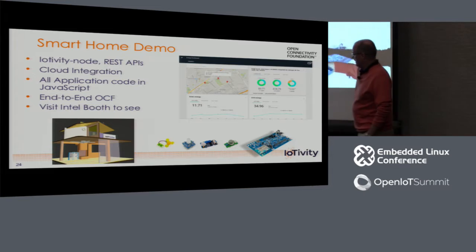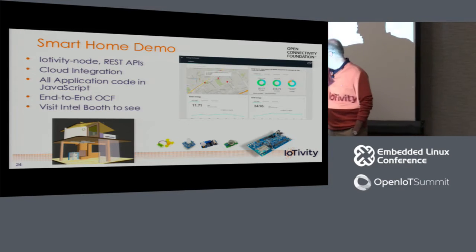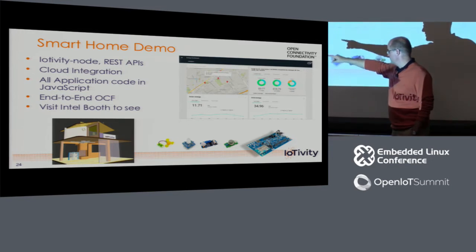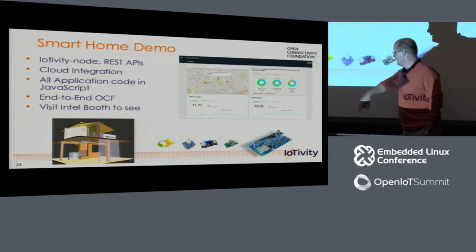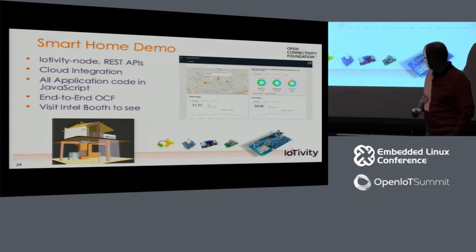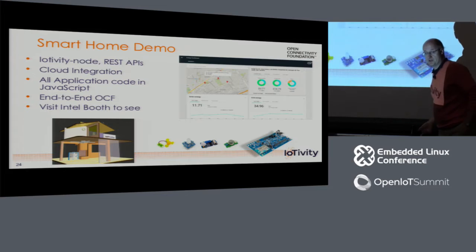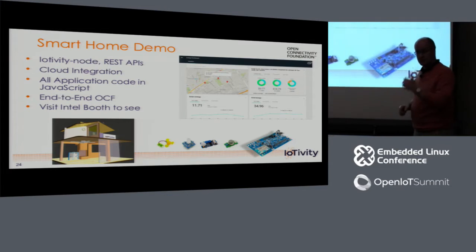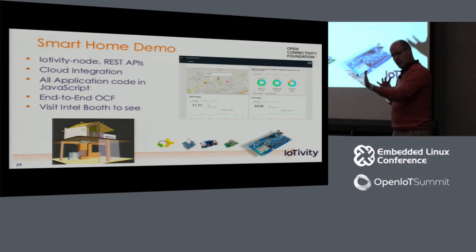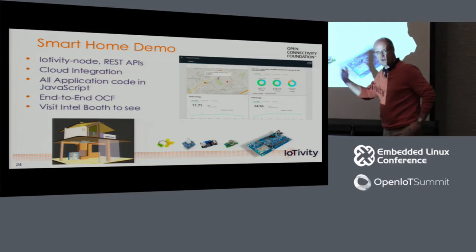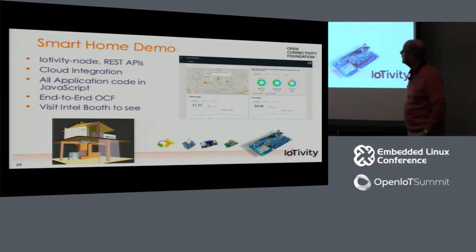We also have a 3D model of the smart home. You run this one on your Android tablet or a browser. It's WebGL, so you can rotate the house and click on the fan, and the fan will start rotating.